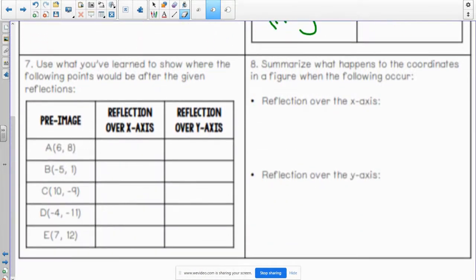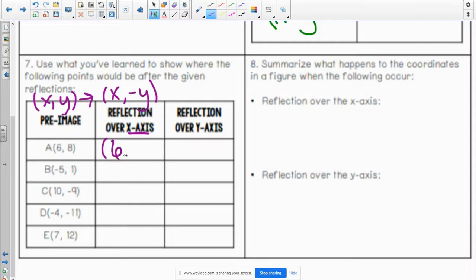So what have we learned? So if we can just do the points without actually reflecting it. So if we call this our XY, so our original points, and we go over the x-axis. So if we go back to our notes, every time I go over the x-axis, the x stays the same. Again, we're going over the x, and the y's turn into their opposite.